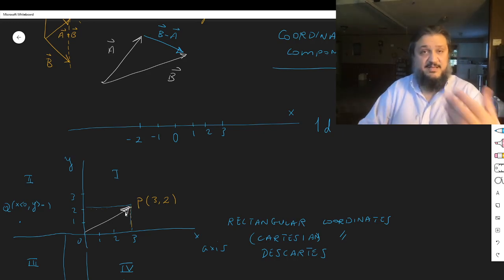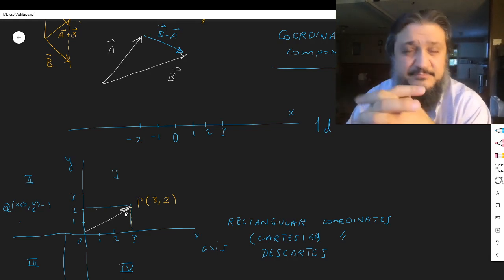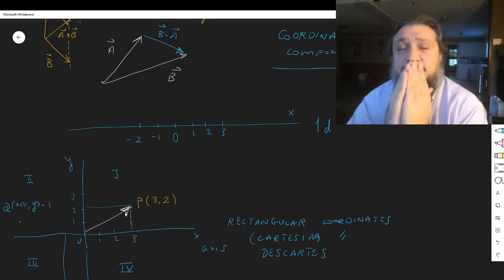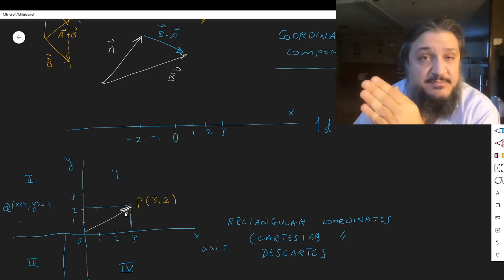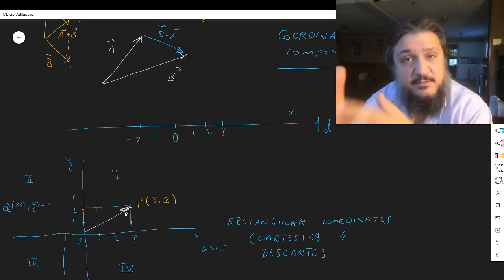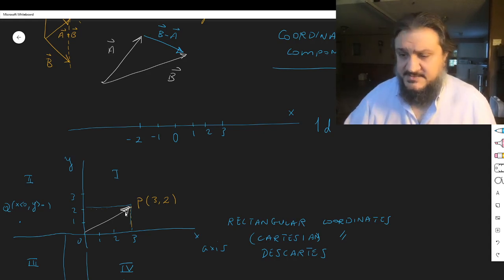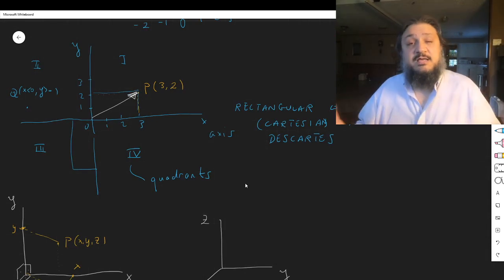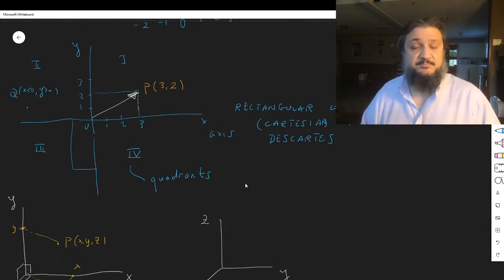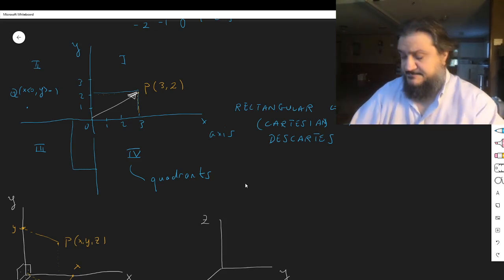So that's how you relate your arrow description. But now you have numbers. So how do these numbers give me things like the direction or the length, also called the magnitude, of a vector? Let's talk about that. And by the way, this is not the only coordinate system. We have another coordinate system called polar coordinates.